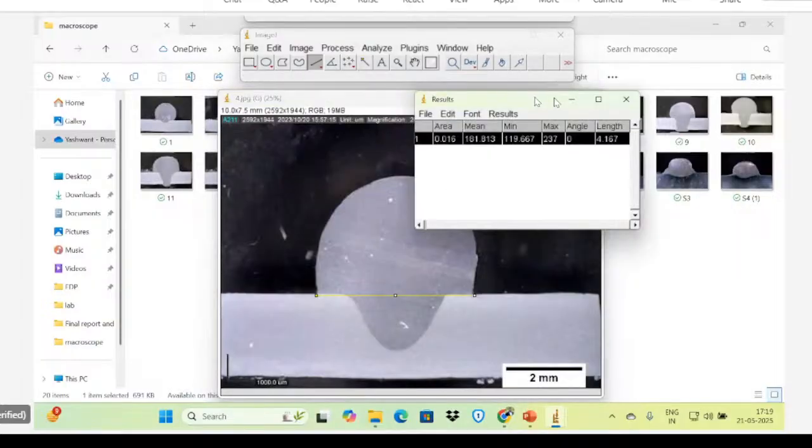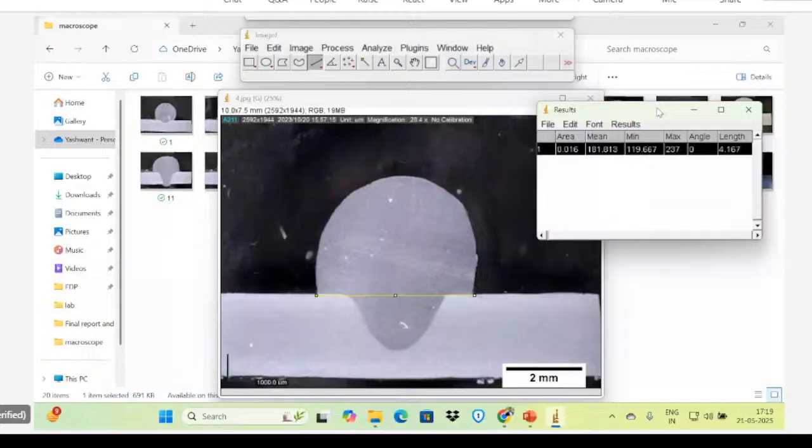These data you can save in Excel format also, or you can write them somewhere in the Excel file. So this weld width has been measured as 4.167 mm. So this distance is 4.167 mm. Okay, so one parameter has been measured.